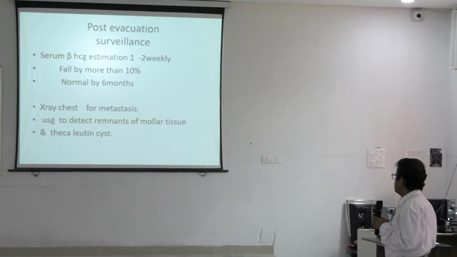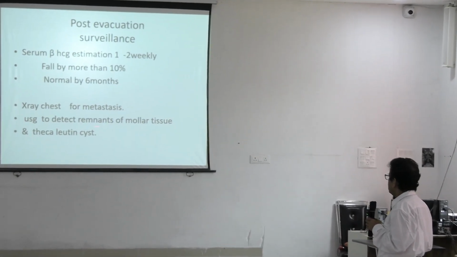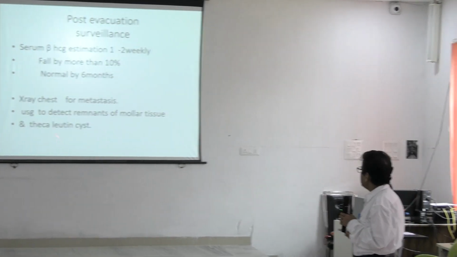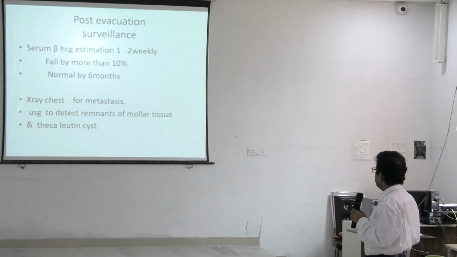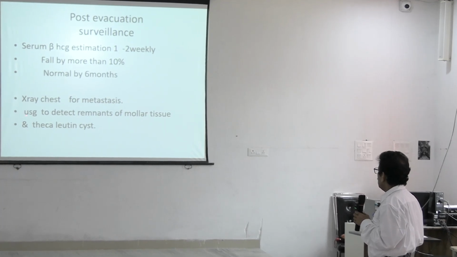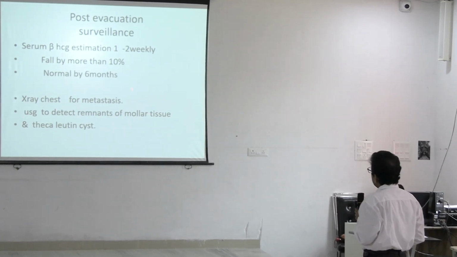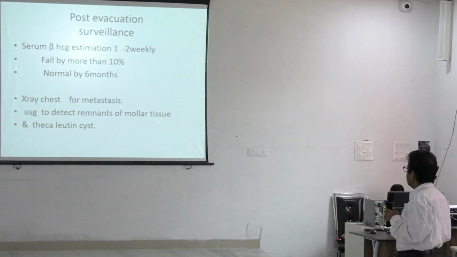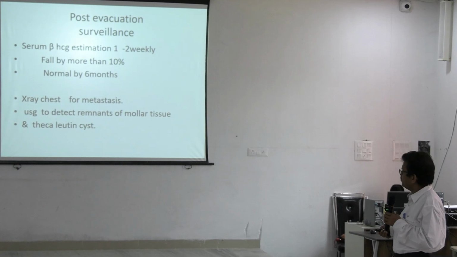If you undergo over-enthusiastic curettage, you may perforate the uterus. Because of that, some of the molar tissue may remain in there. So ultrasonography to detect remnants of molar tissue, if there is failure of fall of beta hCG. And thecal lutein cysts, of course, in these cases, if the hCG level is high, then thecal lutein cysts will also persist.